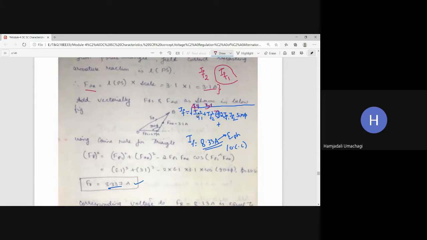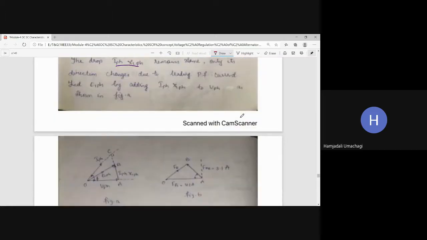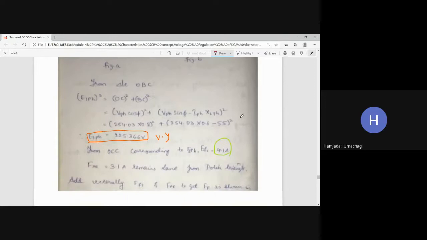IF is equal to square root of IF1 square plus IF2 square minus 2 times IF1 IF2 sin pi. IF1 is 4.1, IF2 is 3.1 from the quotient triangle, which is constant, and sin pi is 0.6 here. So the resultant IF will be how much? 3.344, sir. Very good. So the resultant IF is 3.34 ampere. Next, what should I do?